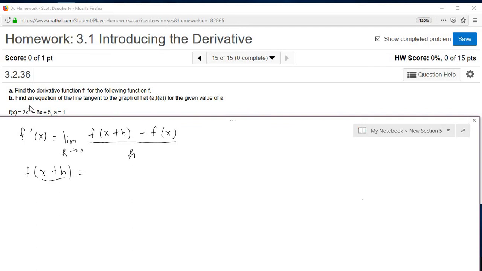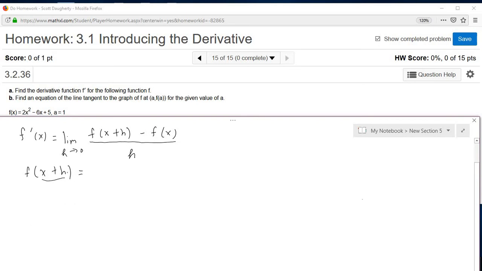Now notice, anything you put into this function, what the function does to that input is it squares it first, and then it multiplies that by 2, and then it subtracts 6 times whatever you put into the function, and then it adds 5.